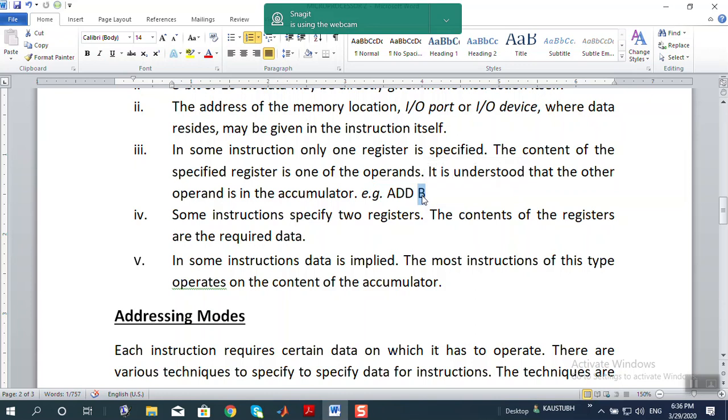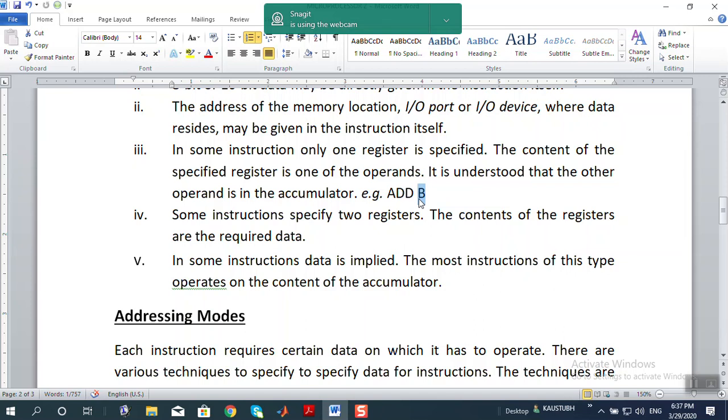Data is in register B. Since it is an addition operation, you know that for addition at least 2 data should be there, but I am specifying only register B. So that means one of the data is already there in register B.